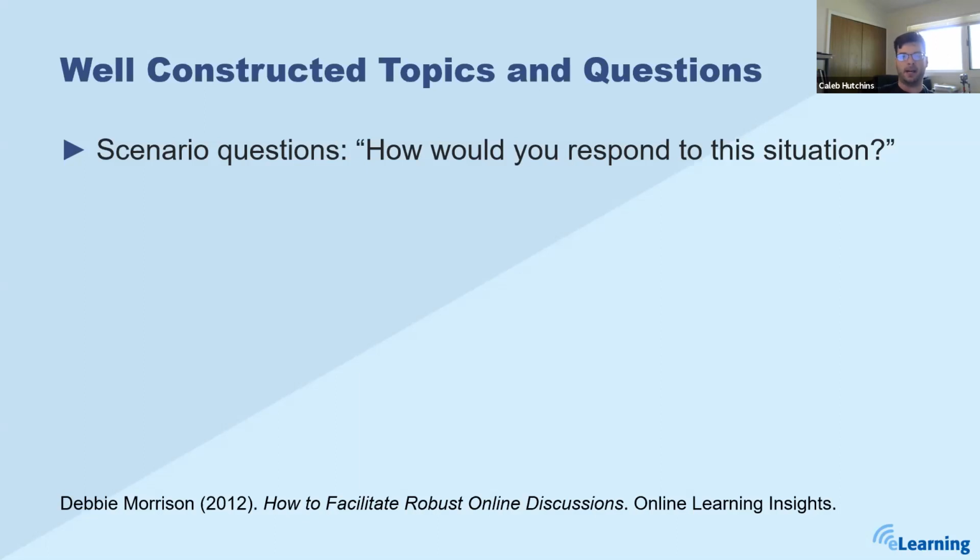Post that as a scenario, and then ask, how would you respond in this situation? What do you think the participants did right? What do you think they did wrong? What do you think they could have done differently? Or just pose them a written scenario. Here's an environmental problem, a local problem that we've been dealing with for the last 10 years. How would you respond to this situation?